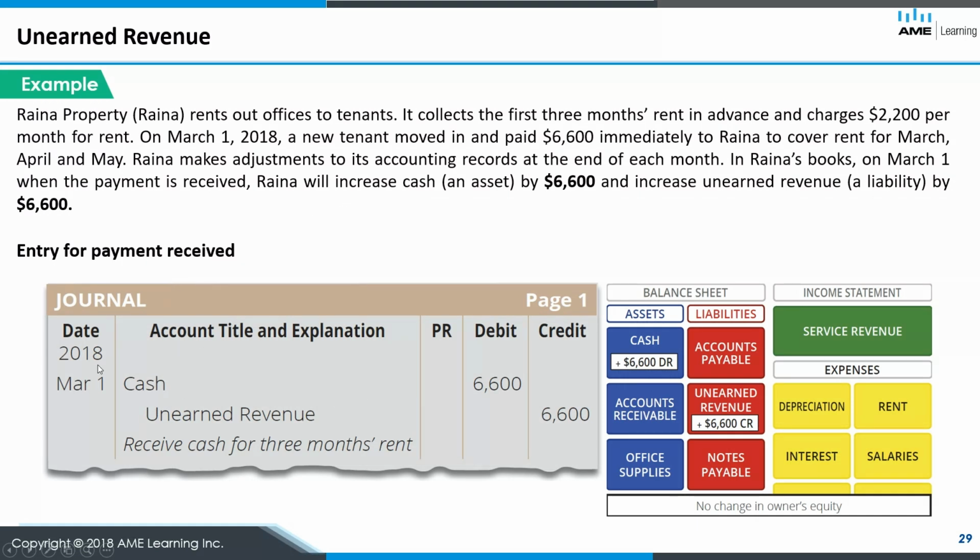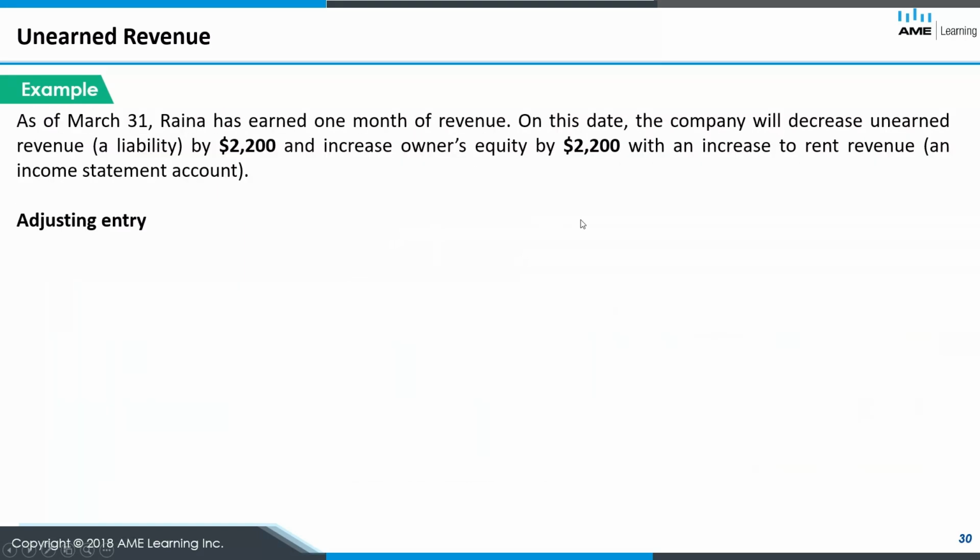And here's the entry for the very first moment, when they move in. It's on March 1st. They pay us the $6,600, and we, as the landlord, receive that cash. We have the money, but we put an unearned revenue liability in place to reflect the fact that this money is not really ours. We don't have ownership of it until the tenant has been there for the time over those 3 months, essentially.